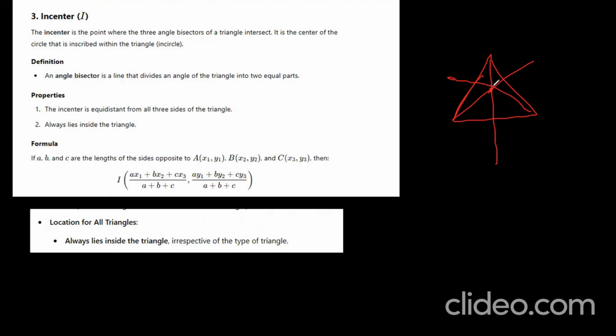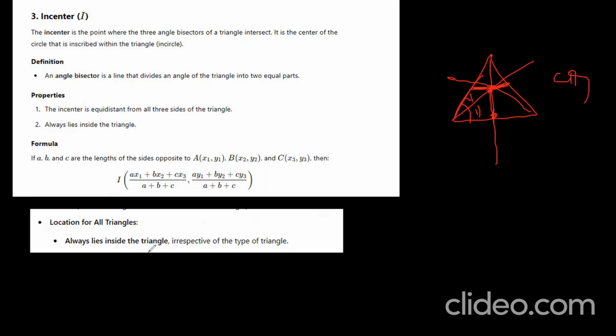An angle bisector is a line that divides the angle into two equal parts. The incenter is equidistant from all three sides of the triangle, not from the vertices. Equidistant from vertices is circumcenter, and equidistant from sides is incenter.